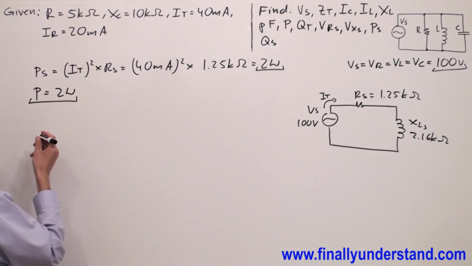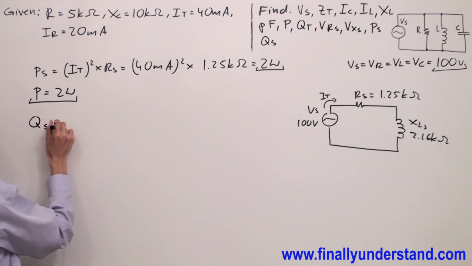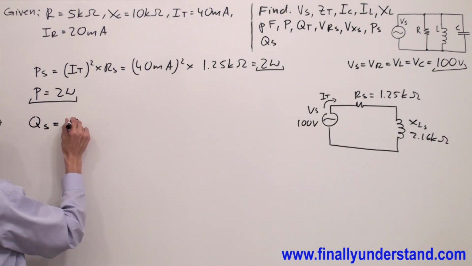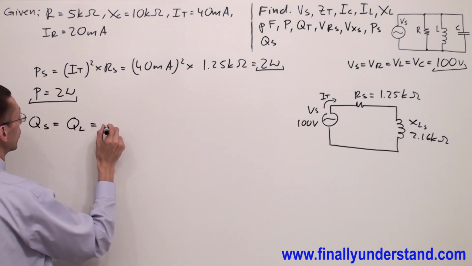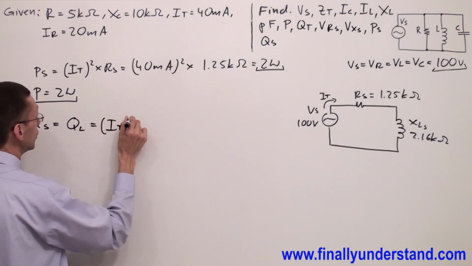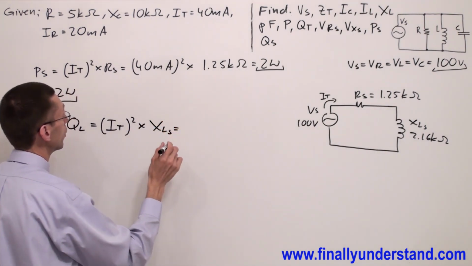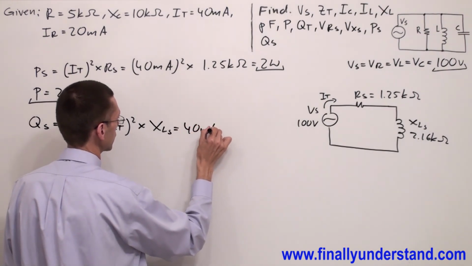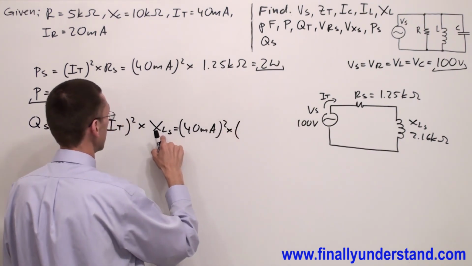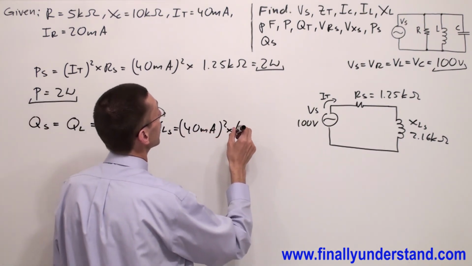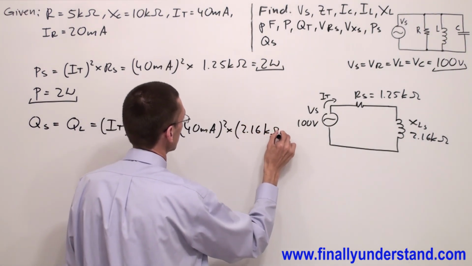Next we're supposed to find the reactive power, right? So I have QS. We can say right now that this is QL because we know that this is inductor, is equal to I total raised to the second power times X of LS. This is equal to 40 milliamps raised to the second power times XLS equals 2.16 kiloohms.